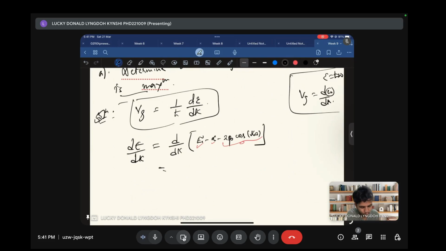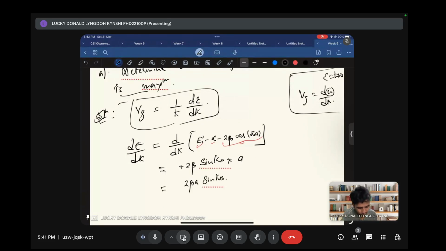So you differentiate d by dk of this one and you get minus of 2 beta cosine, which gives a negative sign, so this becomes positive. You get sine ka into a. So the total becomes 2 beta a sine ka.